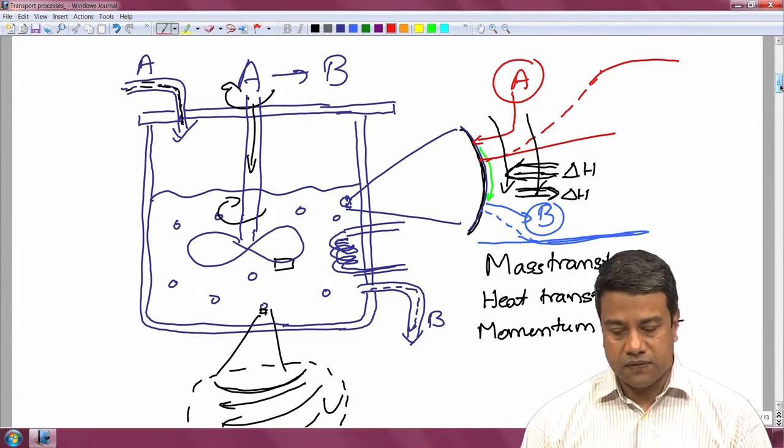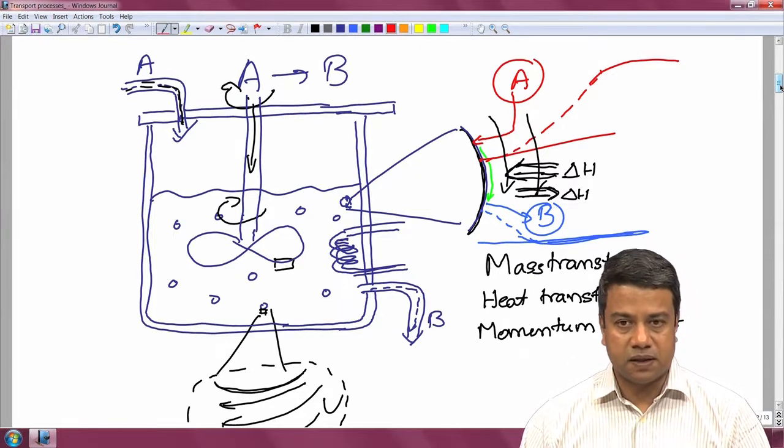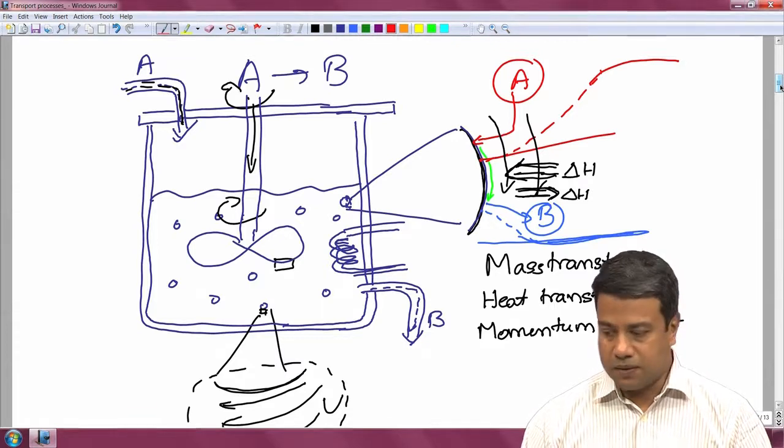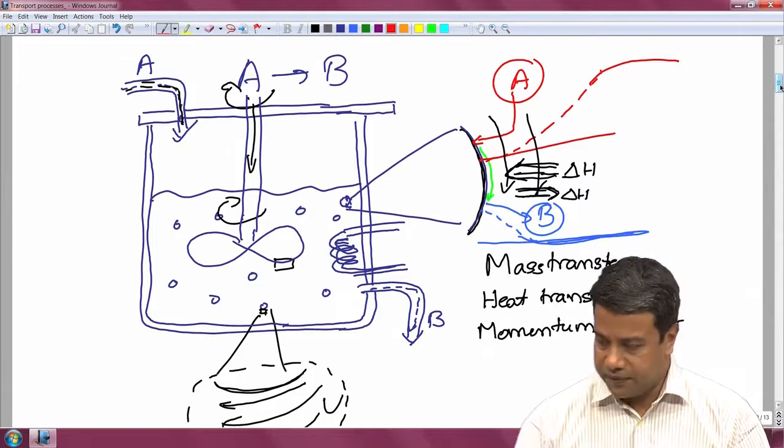So, therefore, we will look at the case of the power required by an impeller in a reactor and try to see what are the dimensionless groups that arise in this problem.